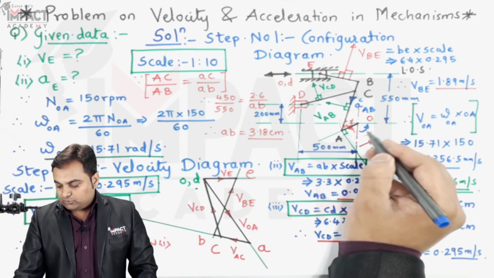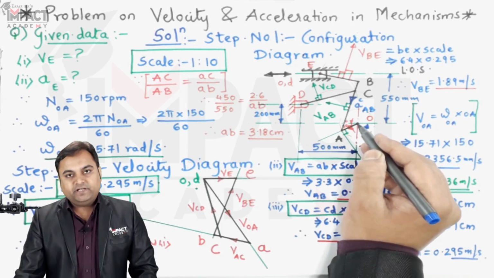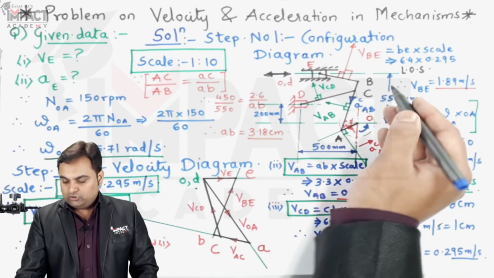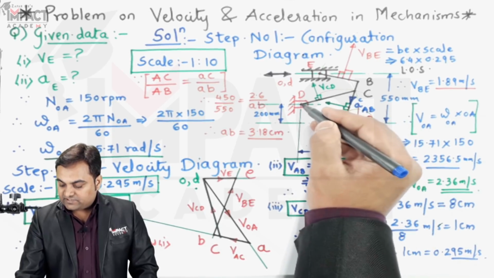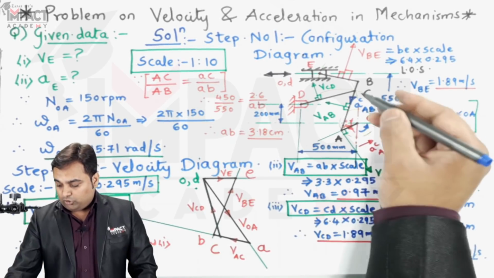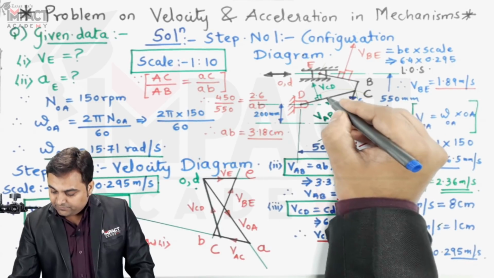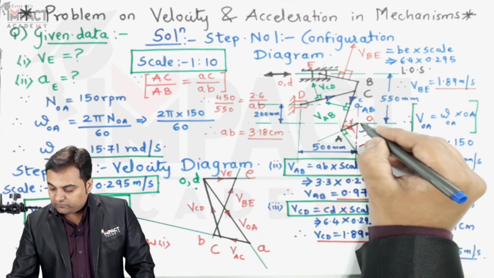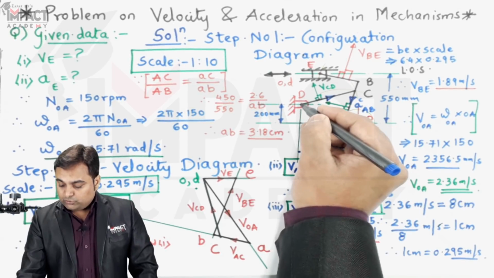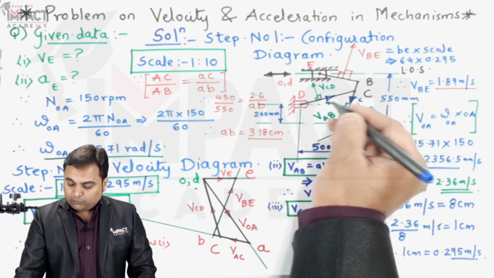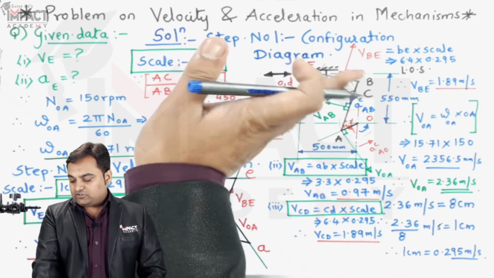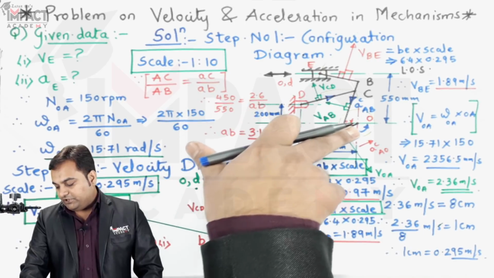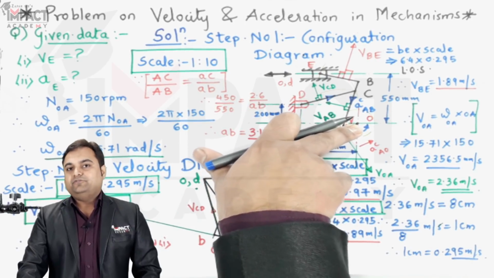So we can say that the rotation of the crank is at point A, but they have not given any rotation for CD, so we won't be taking its center as D, but the common center O. It means the centripetal acceleration would be in this direction, pointing towards O. Why? Because the rotation of CD with respect to point D is not given. It is just oscillating about point D, but the centripetal acceleration would be pointing towards the common center. That we have to remember.